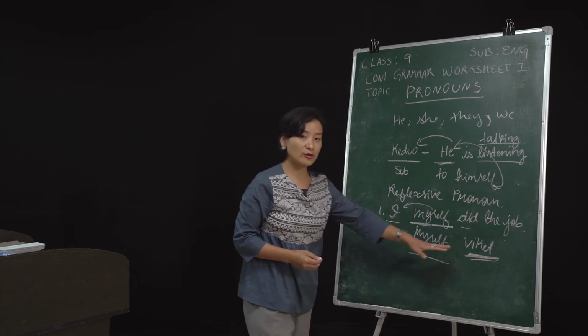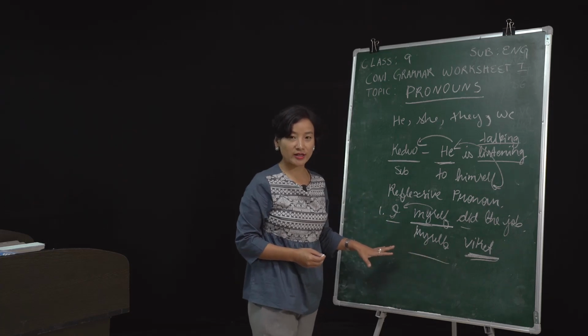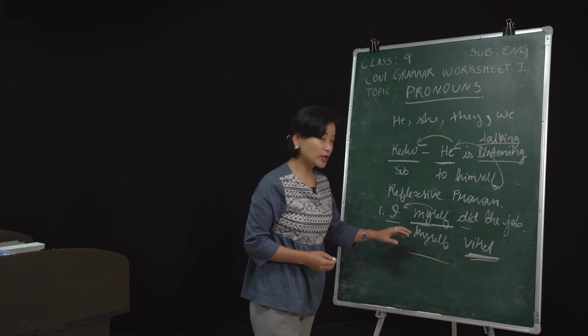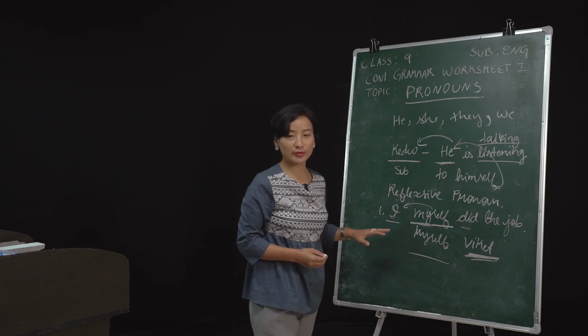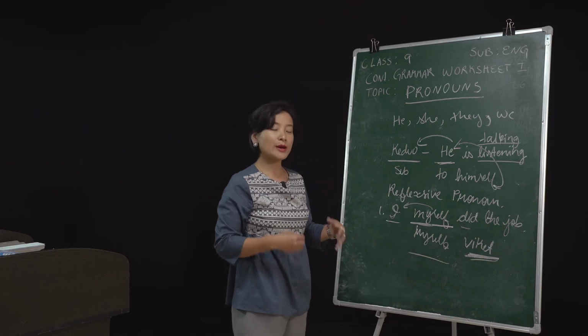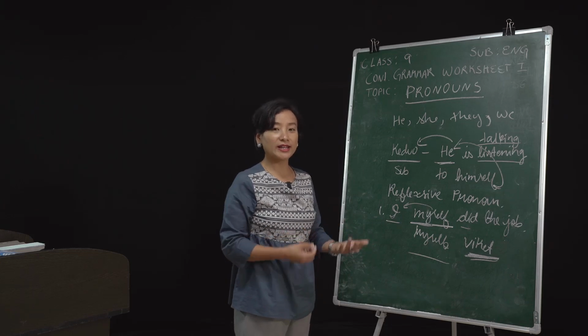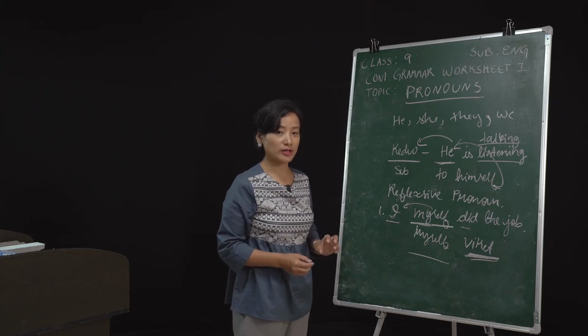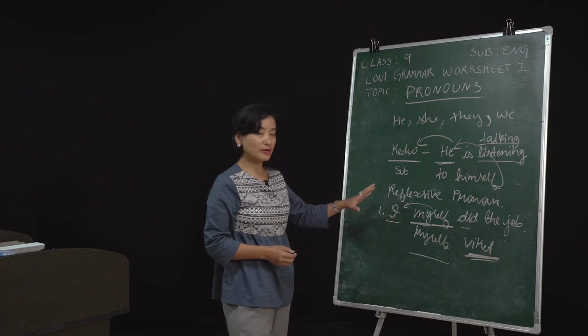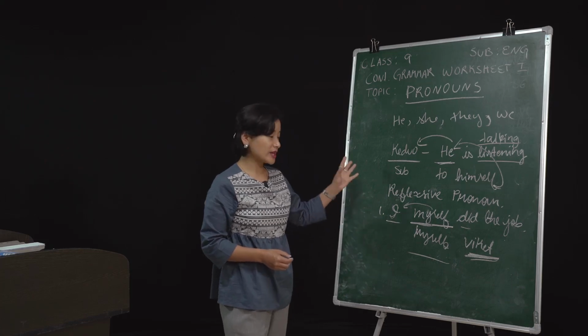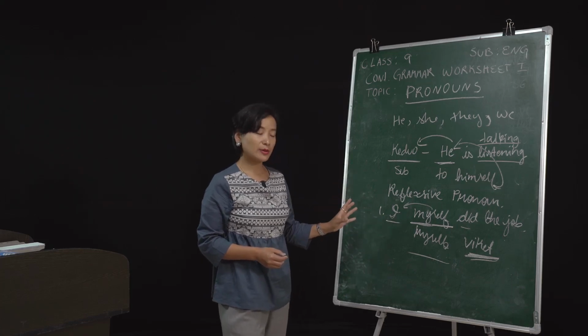It is not performing any action here, isn't it? So you cannot use a reflexive pronoun. So do not go and say myself is Viket, don't say that. You can just simply say my name is Viket and so on. So there is the difference with the reflexive pronoun. We have discussed some of the errors. Remember to keep it in mind.